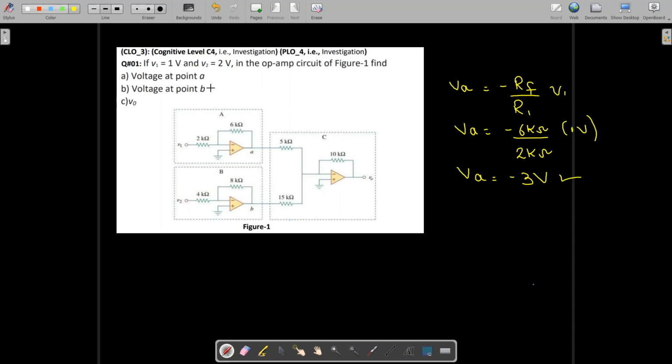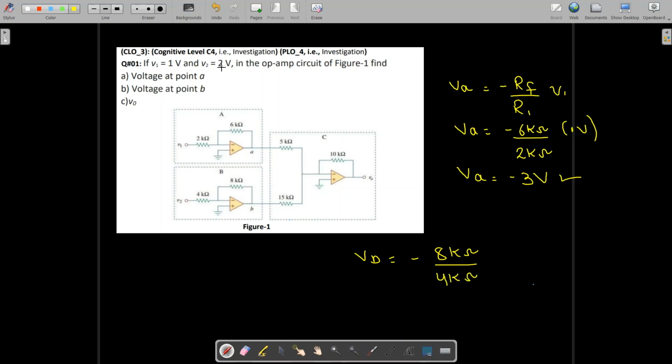Next is to find the voltage at point B. Again, if you look at here, we have again an inverting op-amp with the same formula. So VB is again minus because it is inverting op-amp. The feedback resistor, which is 8 kilo ohm, divided by this resistor, which is 4 kilo ohm, and multiply by V2. Fine.